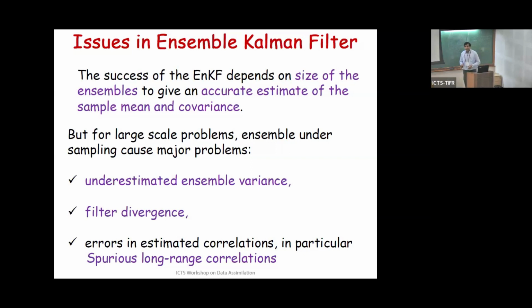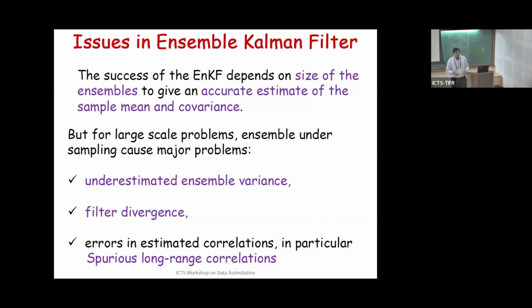Because of the limited number of ensembles, there are some well-known issues: inbreeding, a kind of underestimation of the ensemble variance, filter divergence, and spurious correlation.